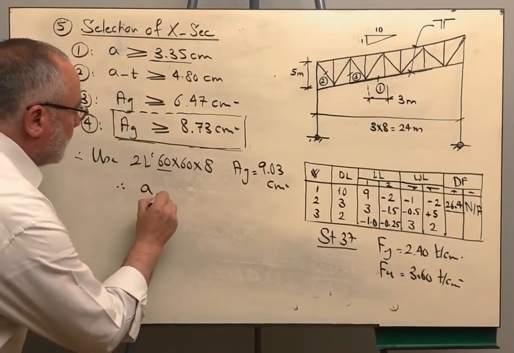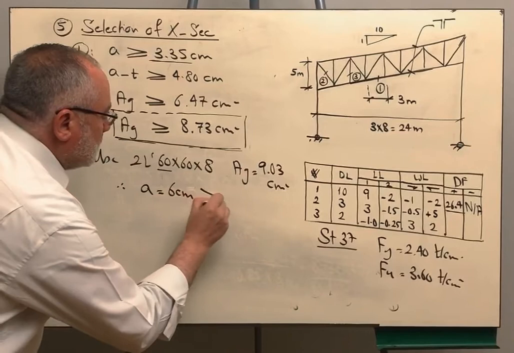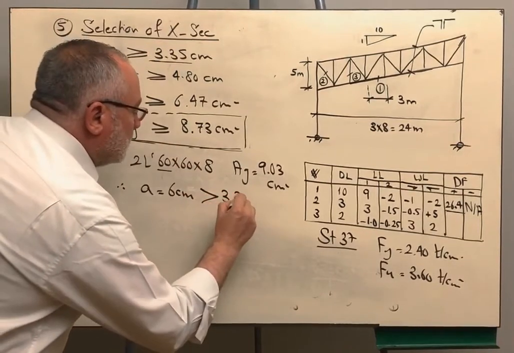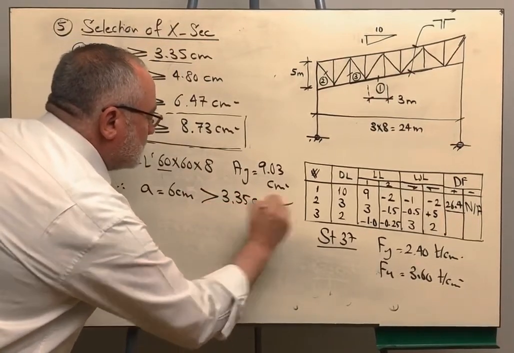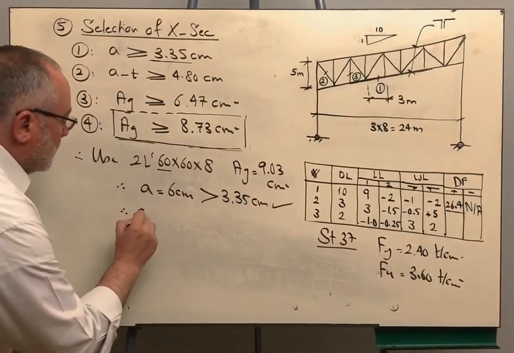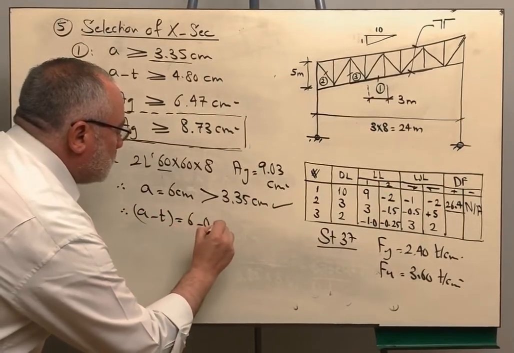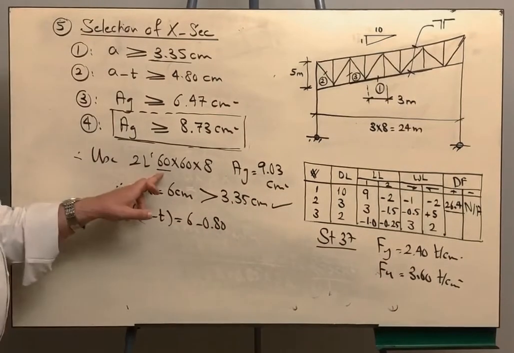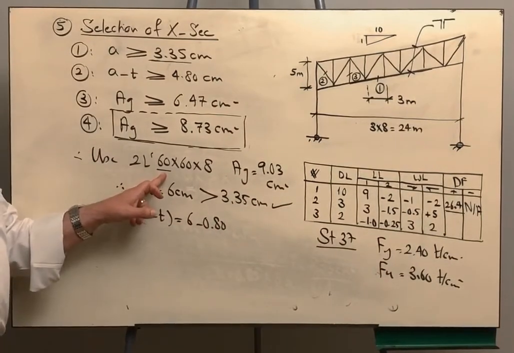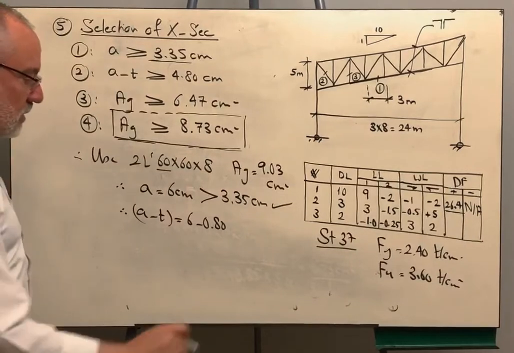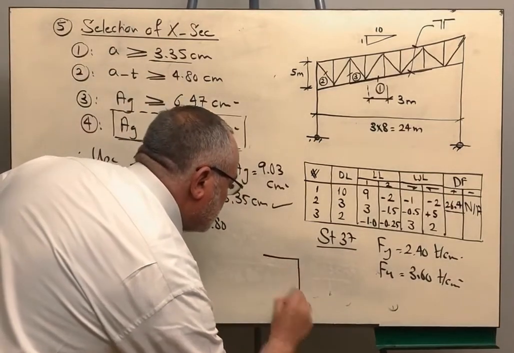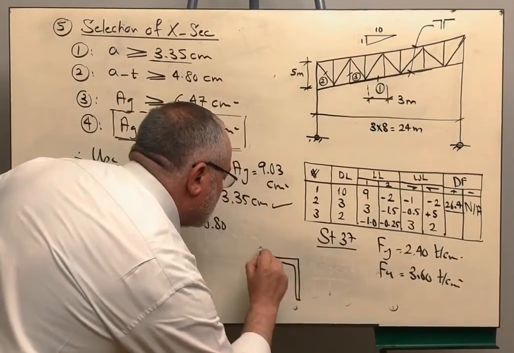Therefore, I'm having A is 6 centimeter. This is bigger than 3.35 centimeter. Then okay. And A minus T, where 6 centimeter is the angle leg and the thickness is 8. Remember, the angle is like this.